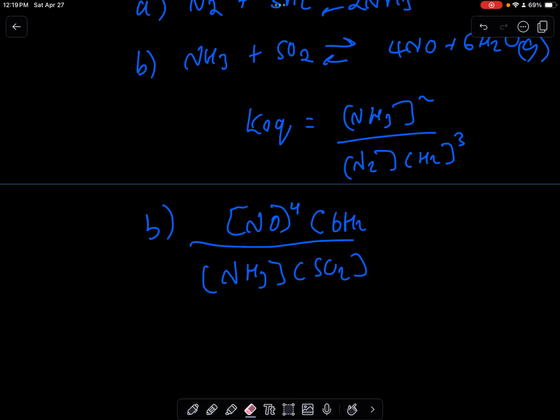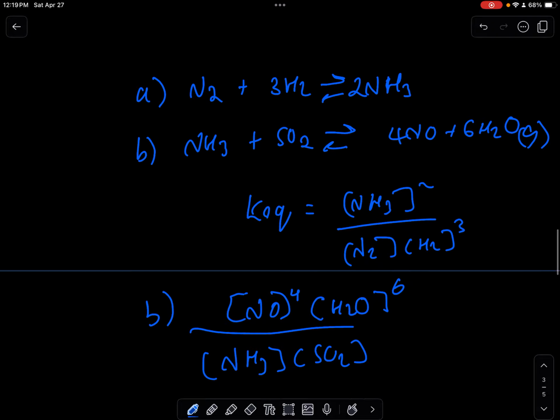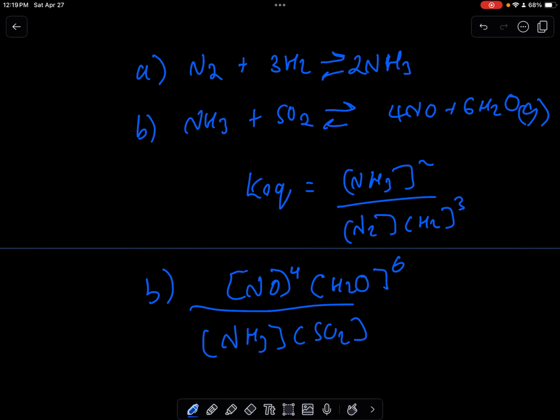So because we have H2O as a gas this time, it will get included in the equilibrium constant. That is a very key component of this whole process, that you have to be aware of these happening.